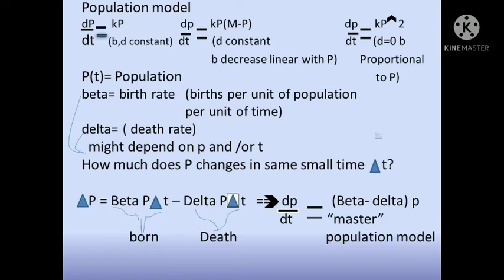If a population grows at a rate which is proportional to the size of the population itself, in other words, dP/dt = kP.